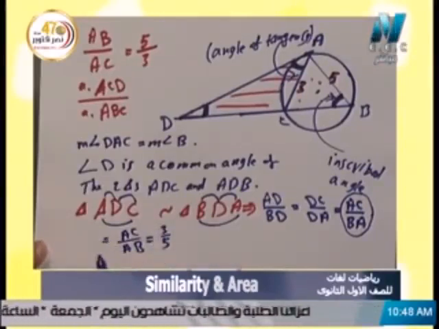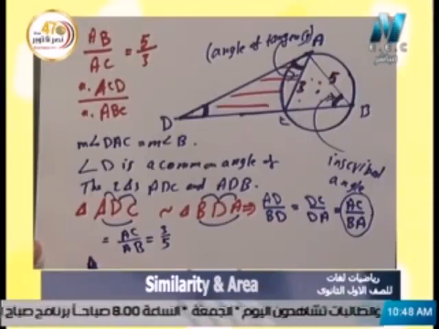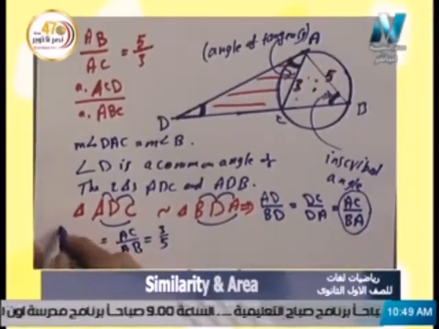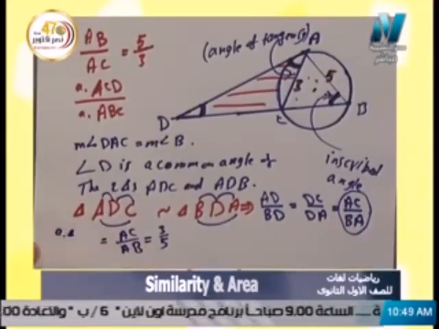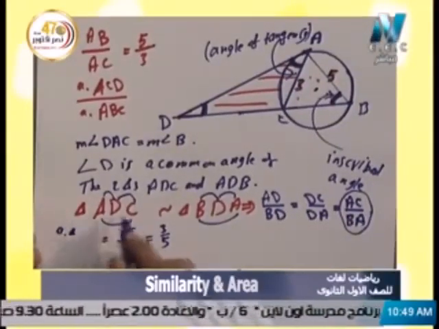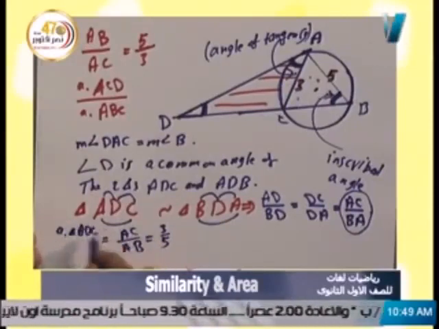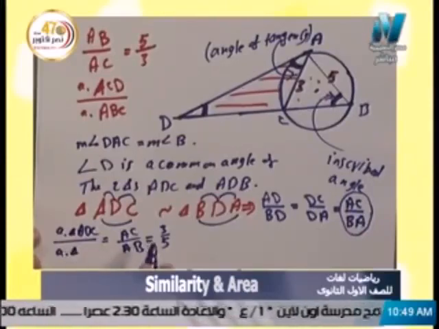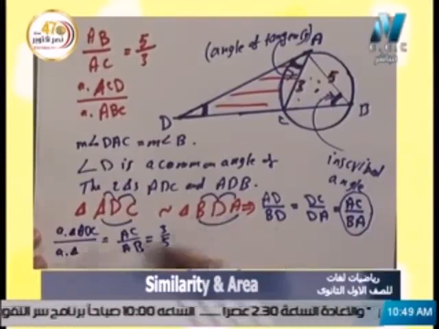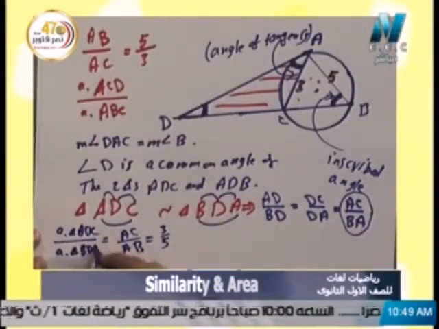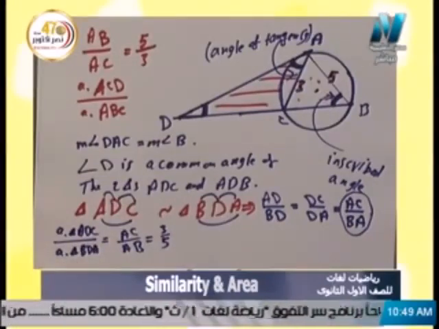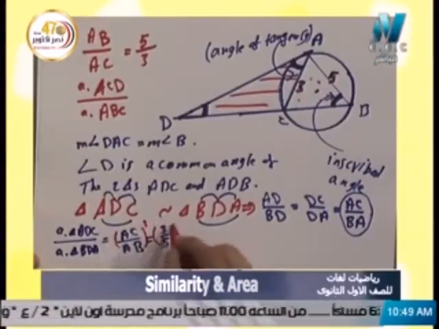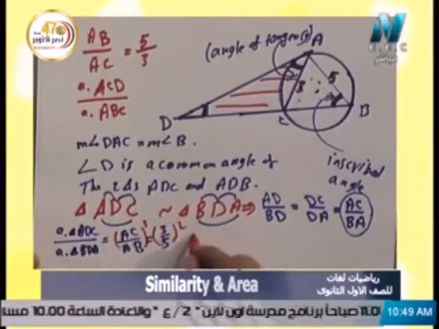But when we talk about the ratio between the area of triangle ADC to the area of triangle BDA, we must square the ratio, because the ratio between areas equals the square of the similarity ratio.